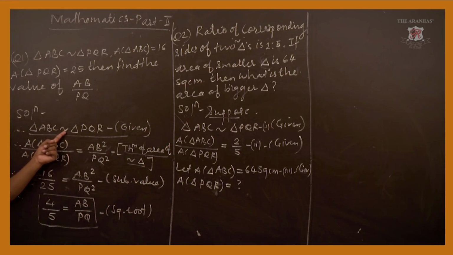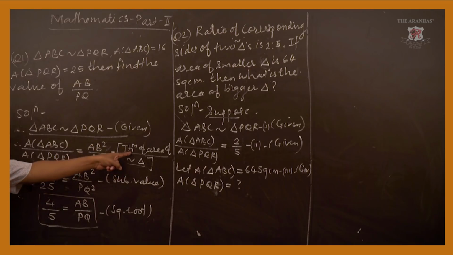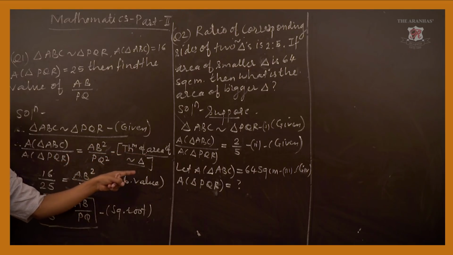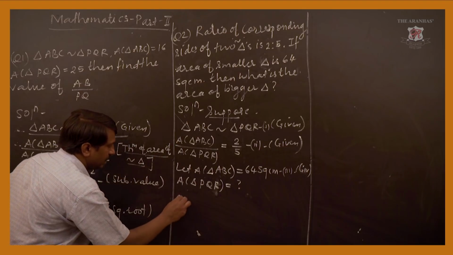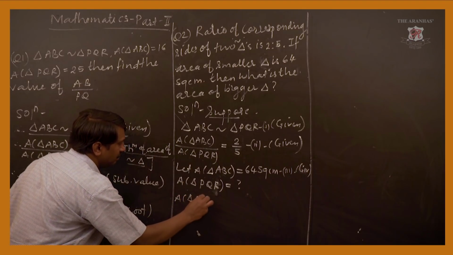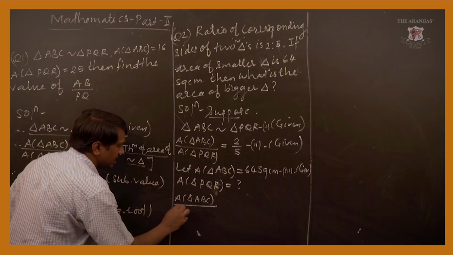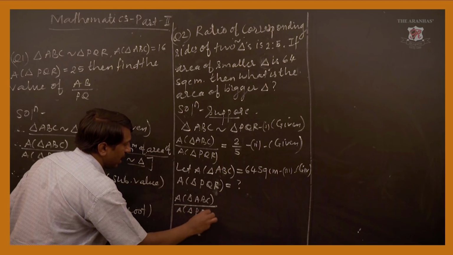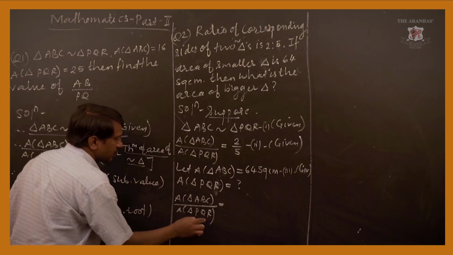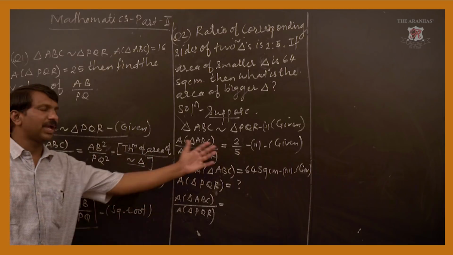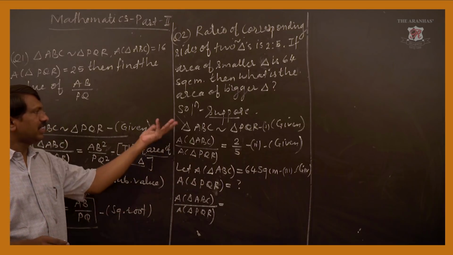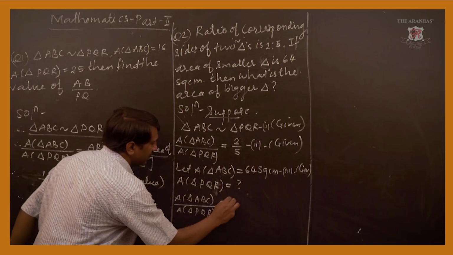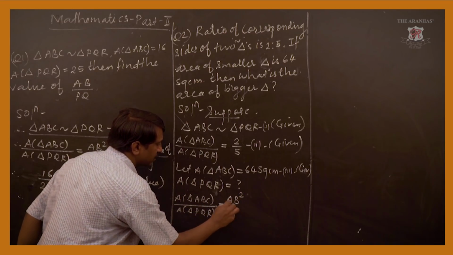When two triangles are similar, the ratio of their areas is equal to the ratio of the squares of their corresponding sides. This is the theorem of areas of similar triangles, so we are going to apply it. Area of triangle ABC upon area of triangle PQR equals, and which corresponding sides we take depends on you. We'll continue with this: AB square upon PQ square.